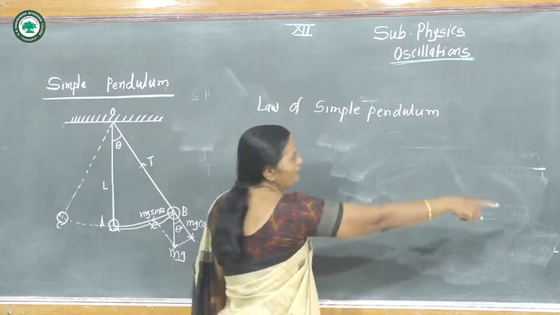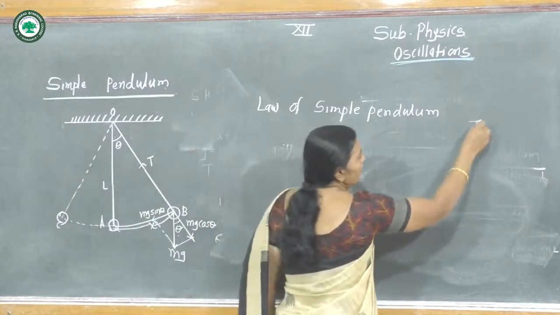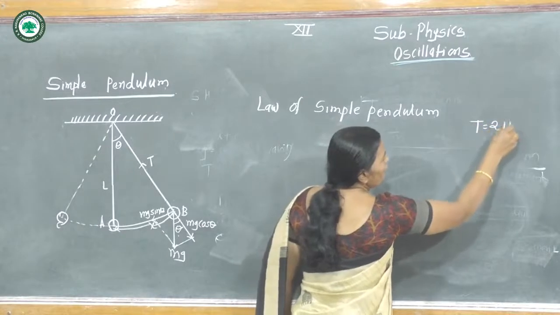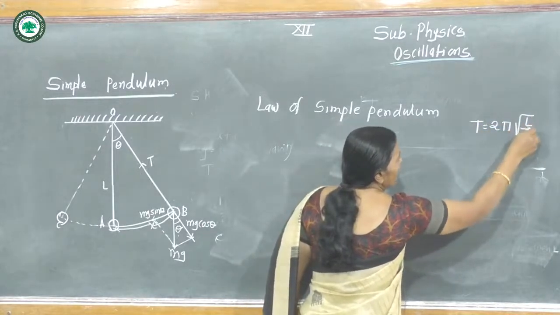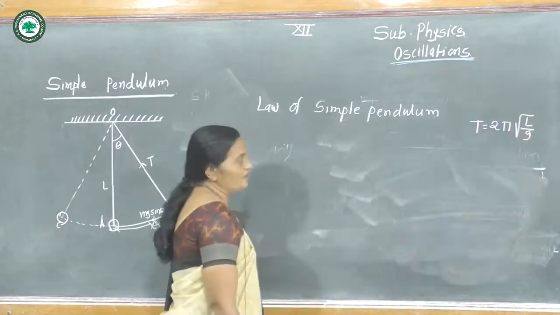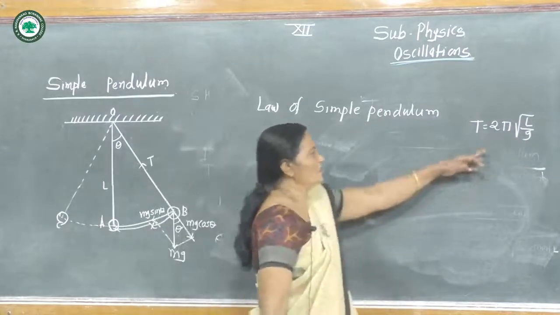First, from this equation, we can say that T is equal to 2 pi under root L upon G. From this equation, there is no mass here.